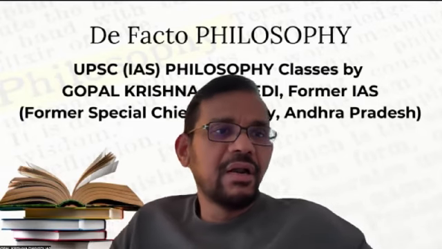Then another and last point which I would like to say is about the important words and phrases you are using. I keep telling again and again, for each chapter, for each topic, you should have important words and phrases which you should understand and also use in your answers.